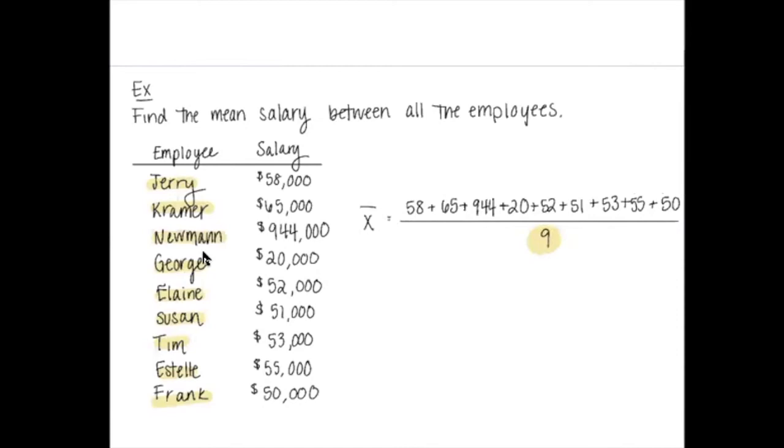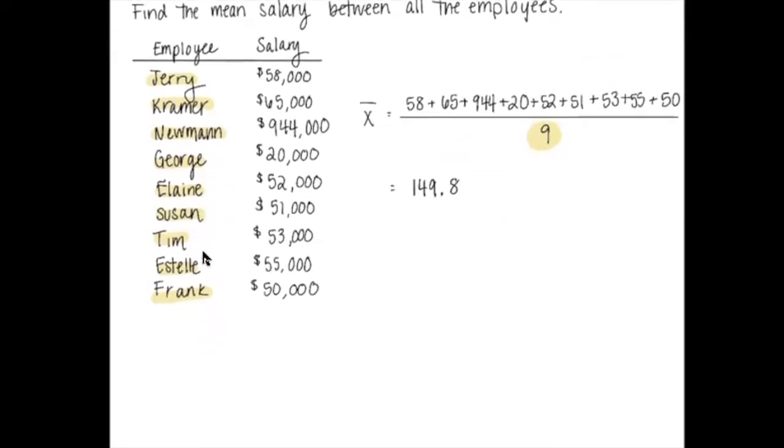Okay. So if you add all of these up, divide by 9, you're going to end up with 149.8. Okay. So the average employee is indeed making $149,000, which is right under that 150. So the mean salary is $149,800.